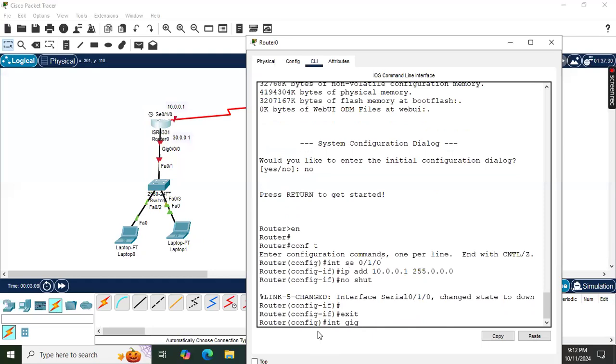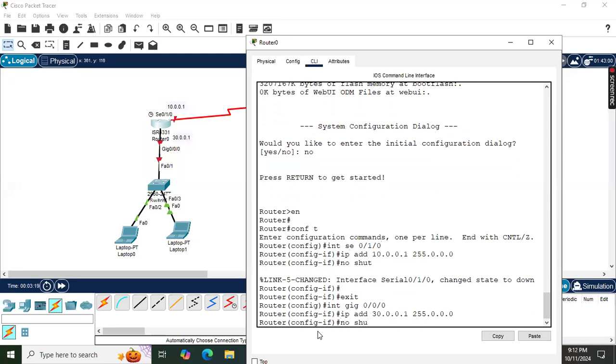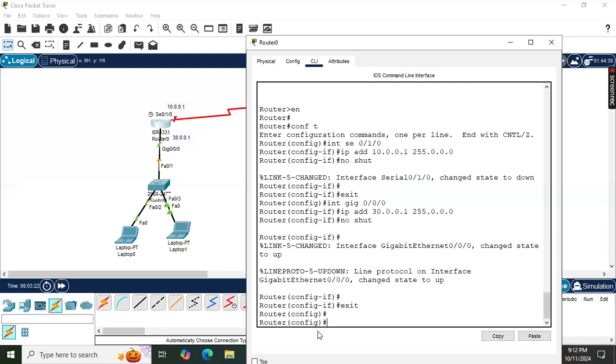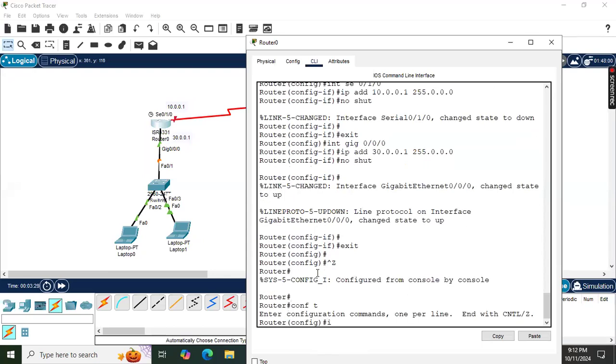Interface gigabit 0/0/0, enter. IP address 30.0.0.1 255.0.0.0, enter. No shut and then exit. I think I haven't configured the clock rate. Okay, just give me a second.